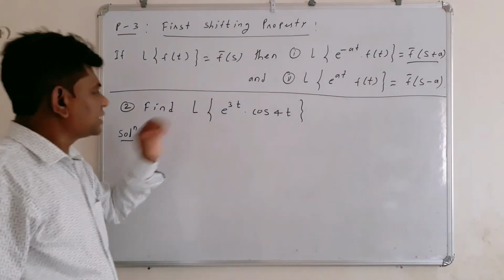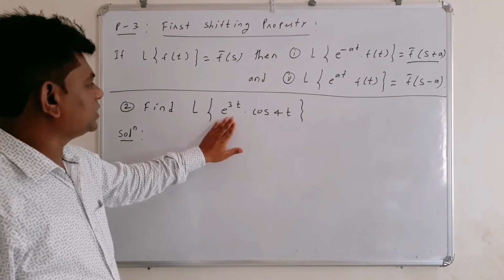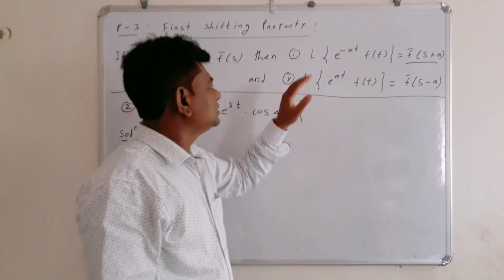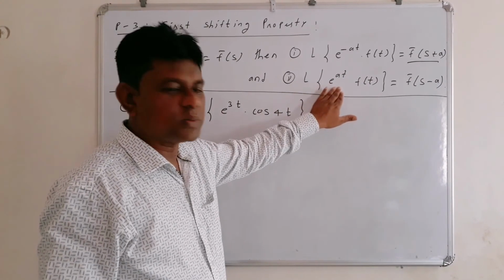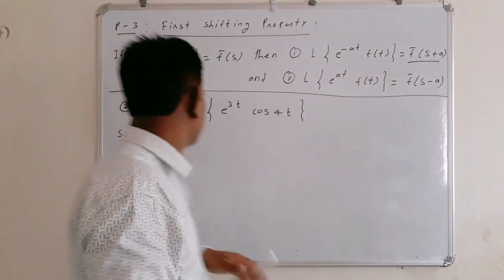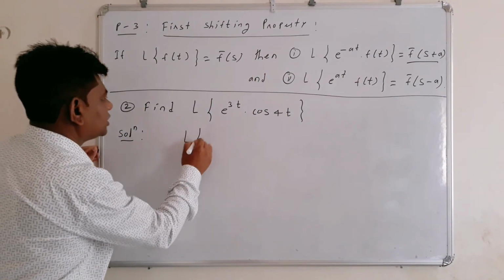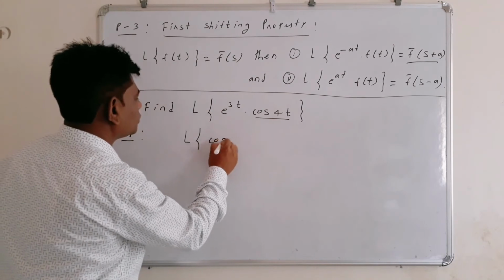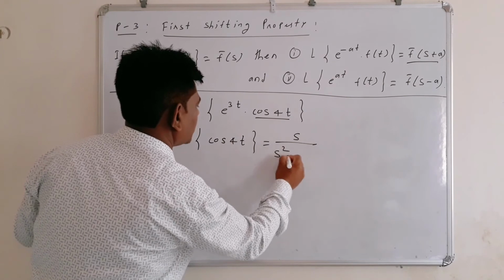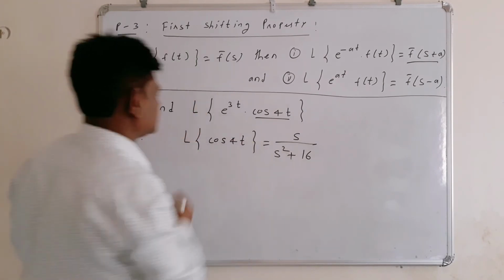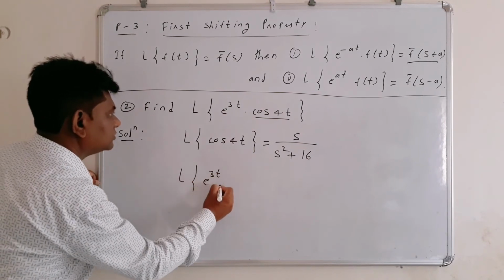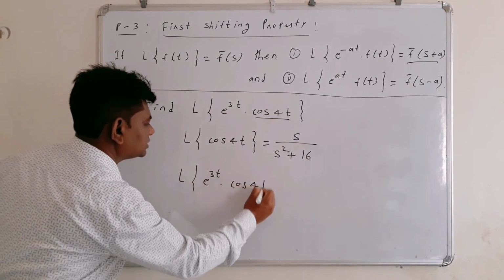Now an example: find Laplace transform of e to the power 3 times t times cos 4 times t. By using shifting property, Laplace transform of e to the power at f of t is equal to f bar s minus a. Now Laplace transform of cos 4 times t, answer is s upon s square plus 4 square, that is 16.